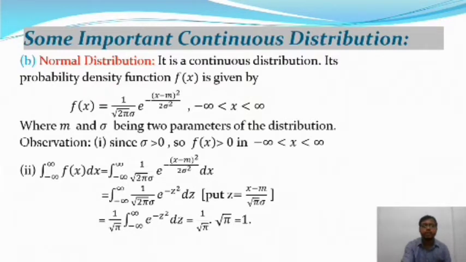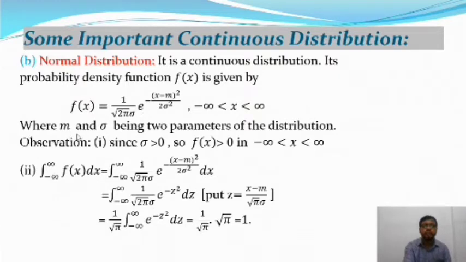Its probability density function f(x) is given by f(x) equal to 1 by root over 2 pi into sigma, into e to the power of minus (x minus m) whole square by 2 sigma square, where x lies in the interval minus infinity to plus infinity. This is called the normal distribution, where f(x) is the probability density function.